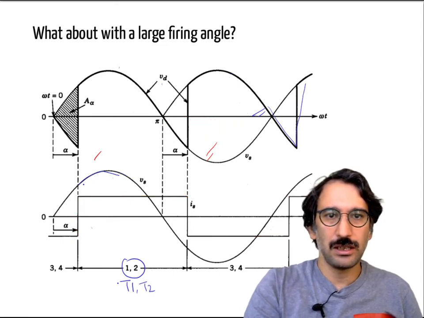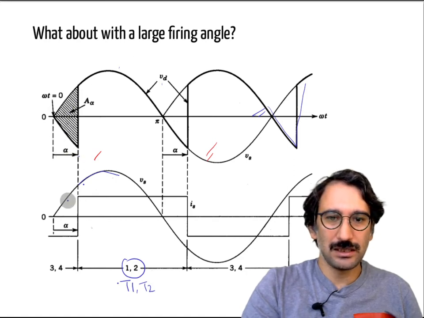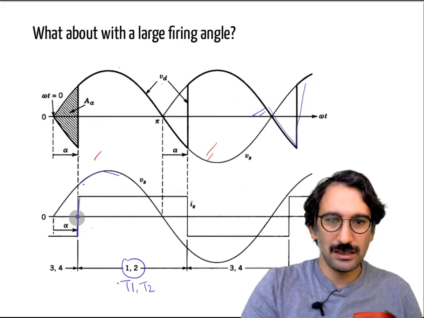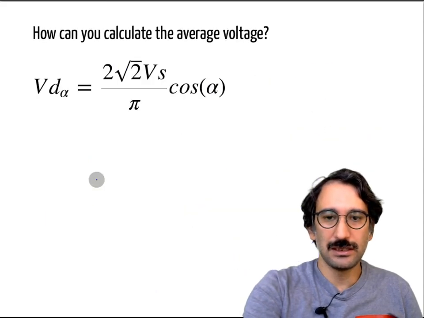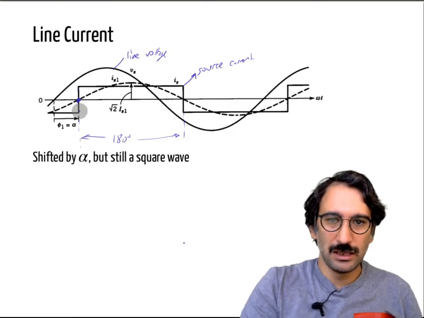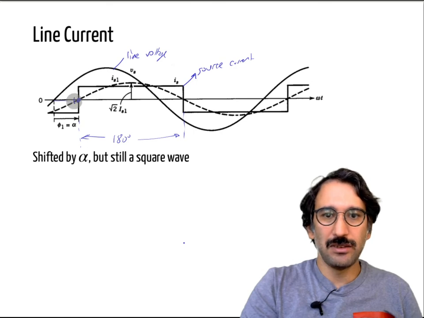Because of the delay in the firing angle alpha, the zero crossing of that current is also delayed by alpha, and this is what we see here. So the square waveform is shifted by alpha.